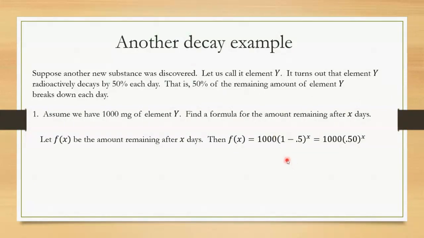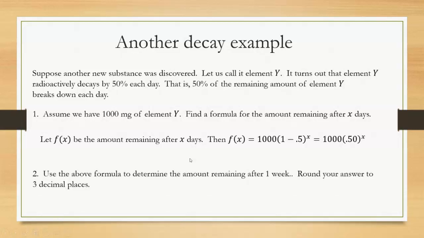So this is what we end up with. Then what we have to do is this. We're going to determine how much is left after a week. Well, a week again is 7 days, right? So we'll have that amount.